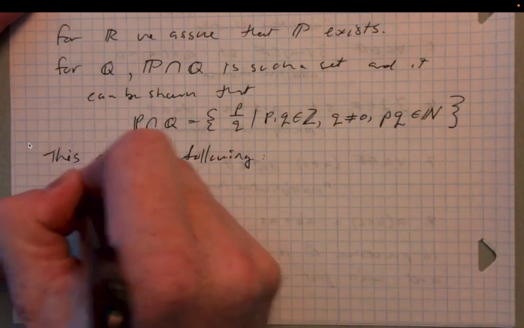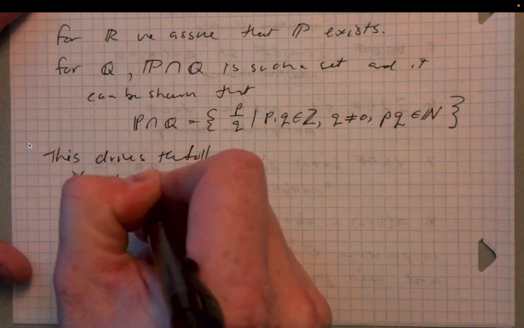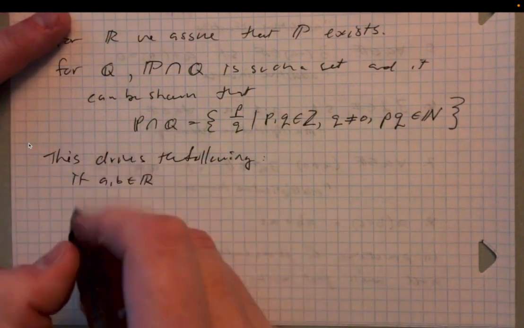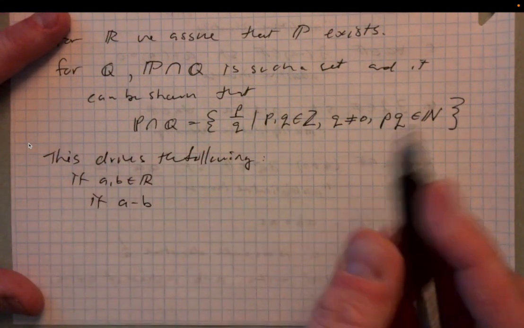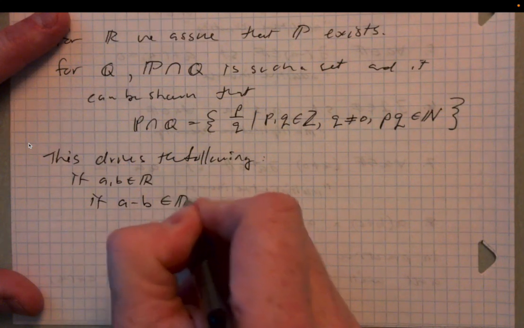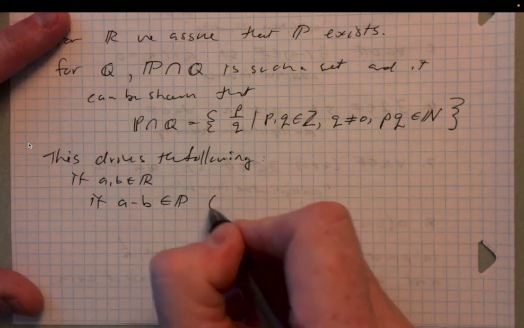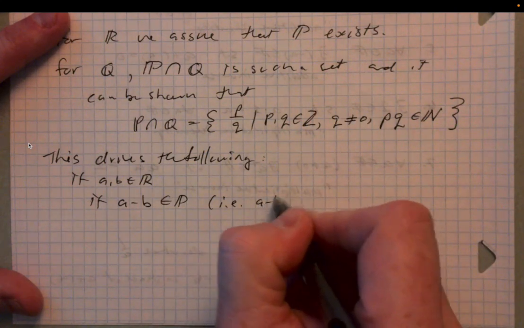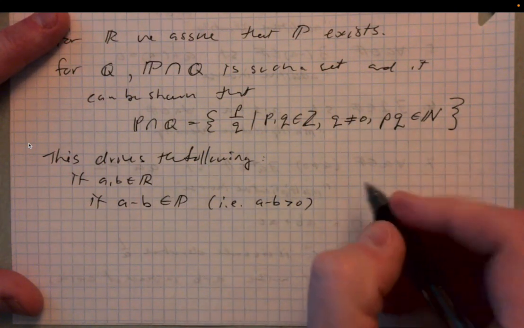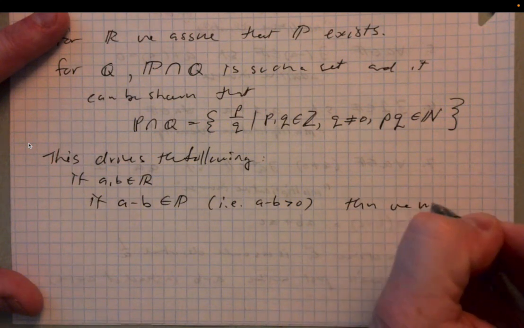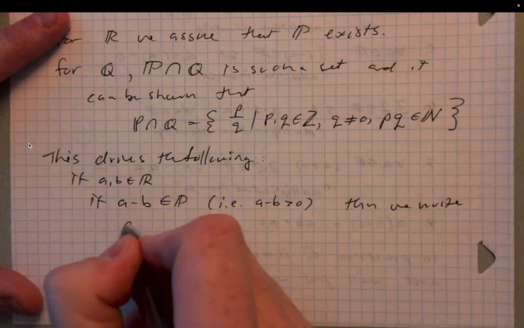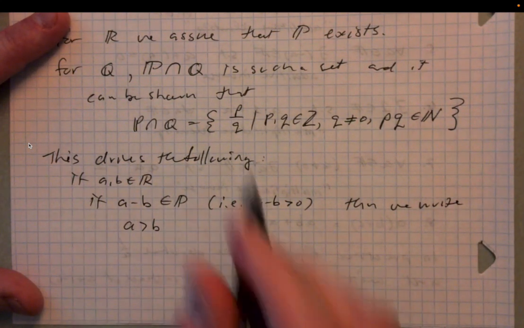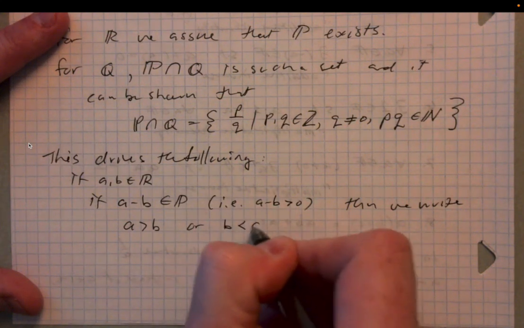So if A and B are real numbers, then if A minus B is positive, meaning it's in P, and so kind of the way to say that would be A minus B is greater than 0, then we can write things like A is greater than B, or B is less than A, right?